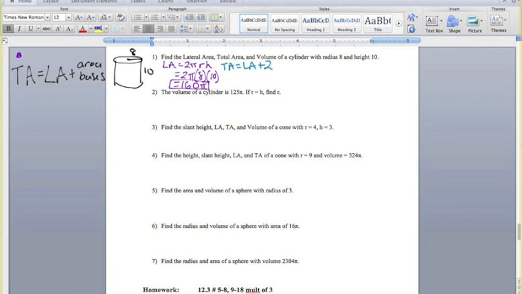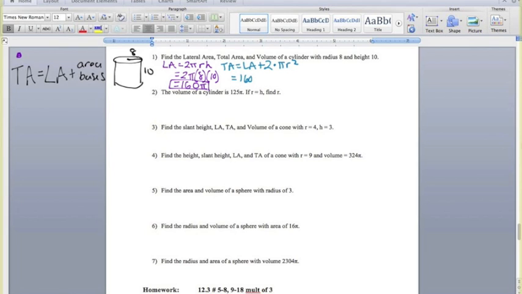So I'm going to do 2 times, and since they are circles, their areas are pi r squared. Okay, so total area is always the lateral plus the bases. In this case, we have 2 of them because we have a top and a bottom, and they're circles, so pi r squared.